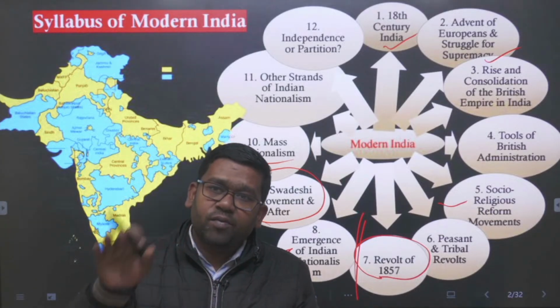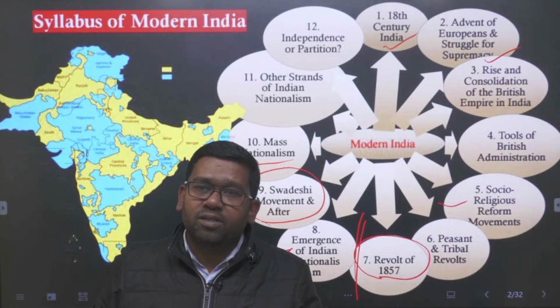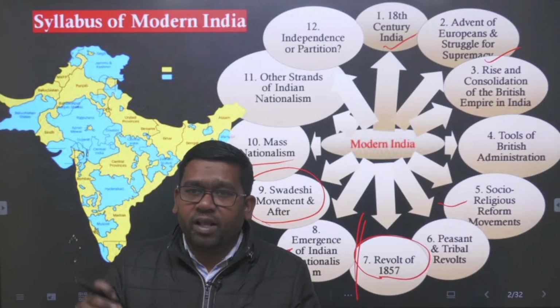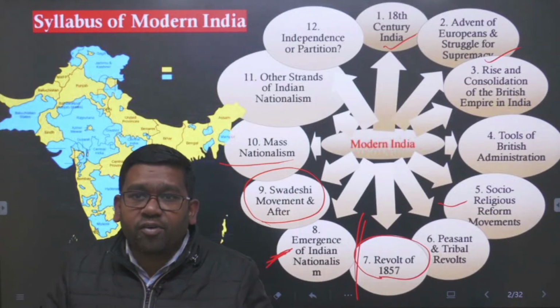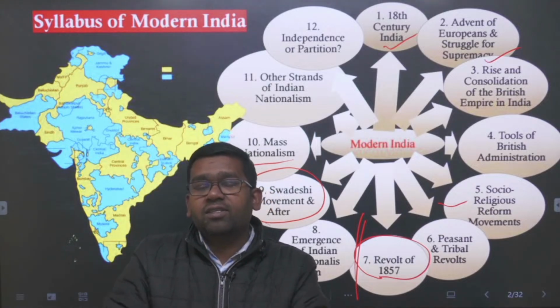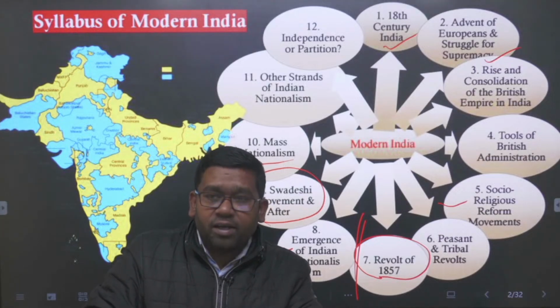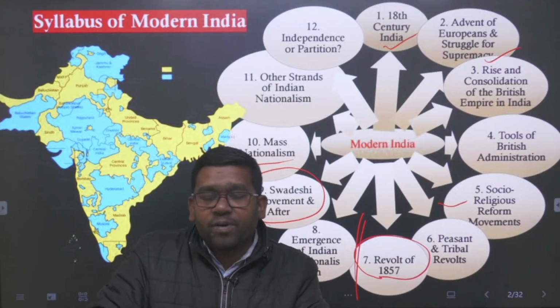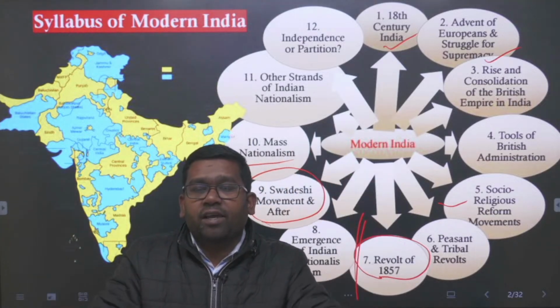In 1939, the outbreak of World War II led to the resignation of the Congress ministries, because they wanted an opportunity to make India independent. The next is the Lahore session of 1940. In the Lahore session, Jinnah and others demanded autonomy of separate provinces for Muslims in the eastern and western sides of India.